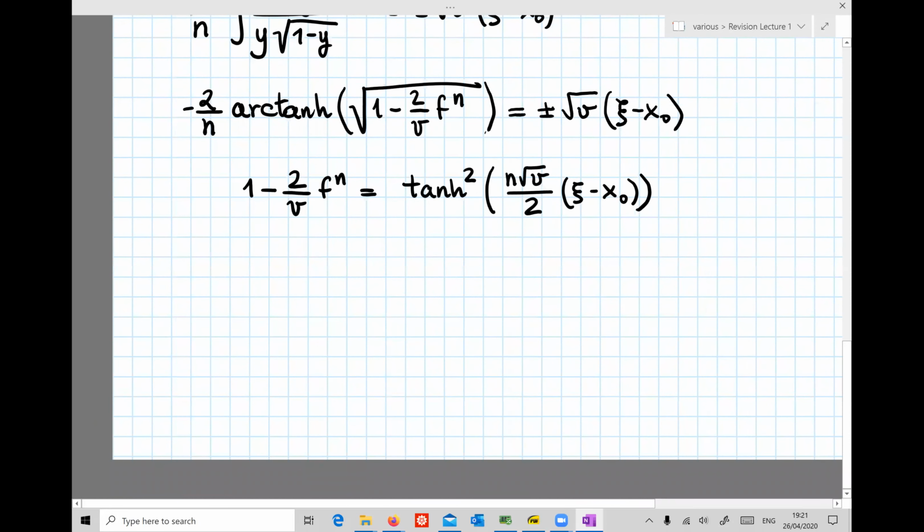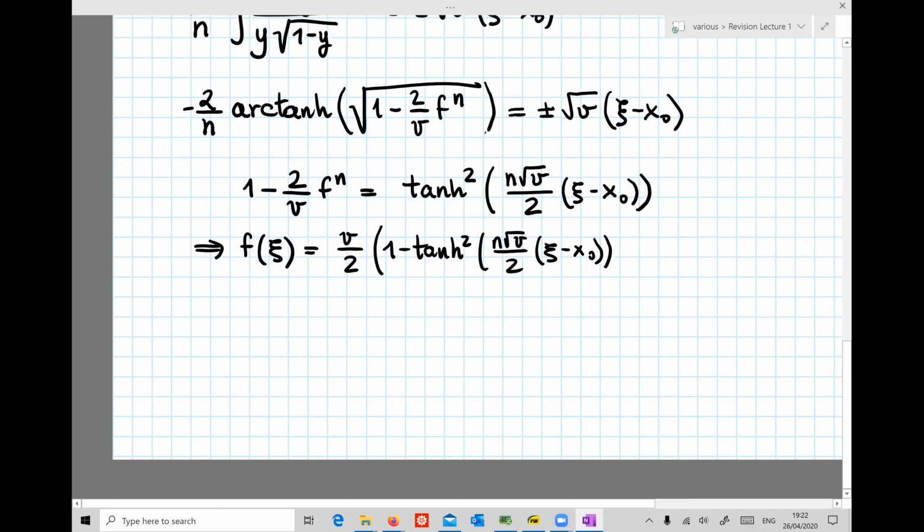Okay, so all right, we're almost done. Now I can just solve for f. So I get f of xi is equal to v over 2 times 1 minus hyperbolic tangent square of n root v over 2 xi minus x naught, all raised to the power 1 over n.